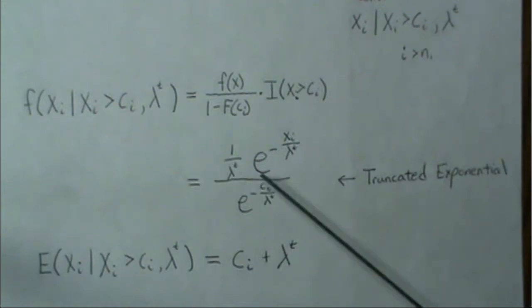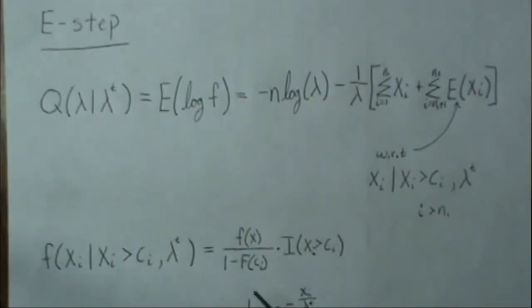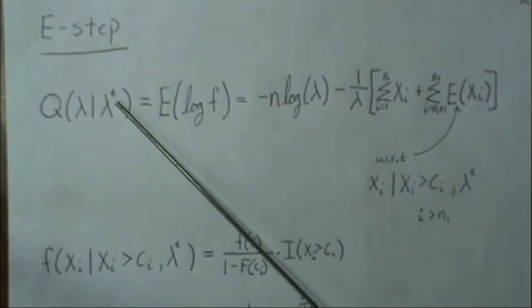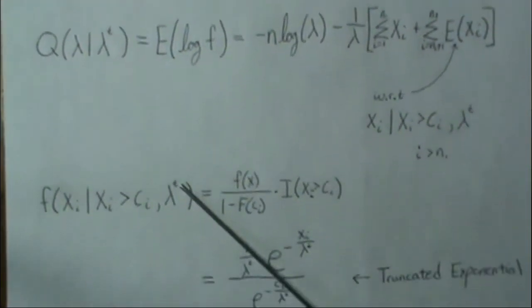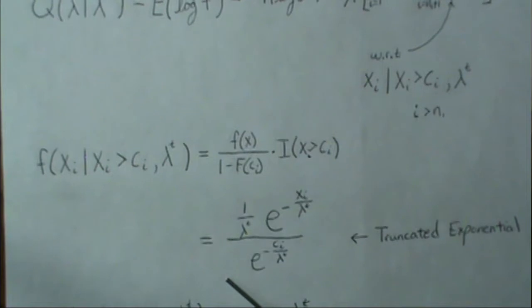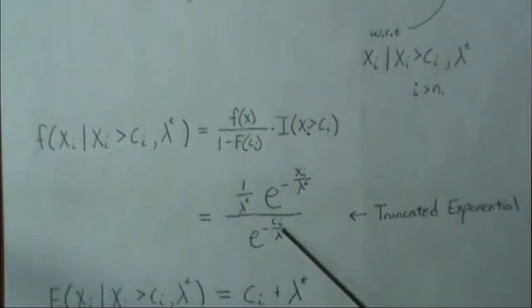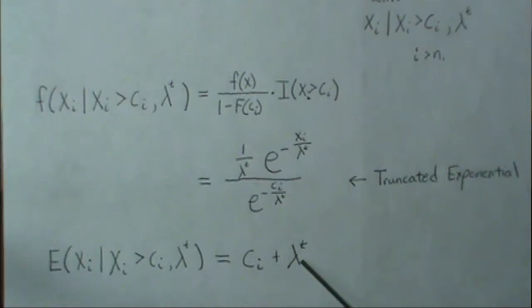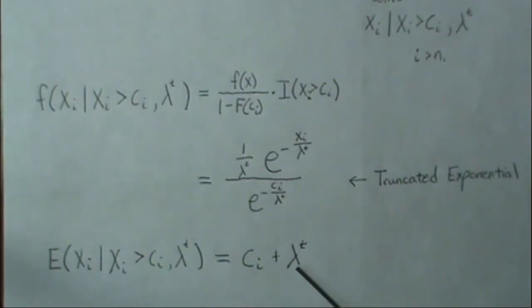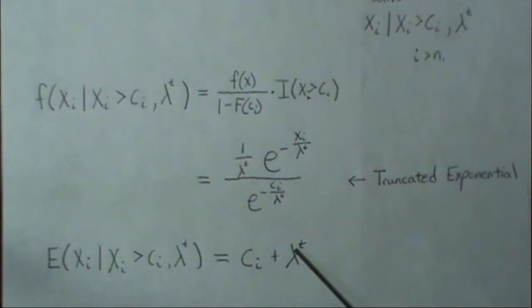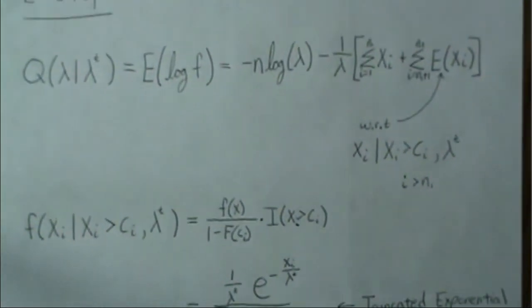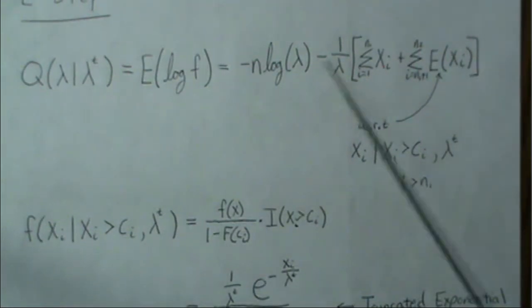And now remember, in the E step, that we have our initial guess of our parameter, which is what this is, which is what is in here. So this is our first guess. Now we replace this piece here, and then we maximize this.